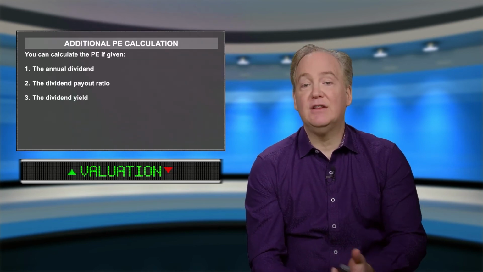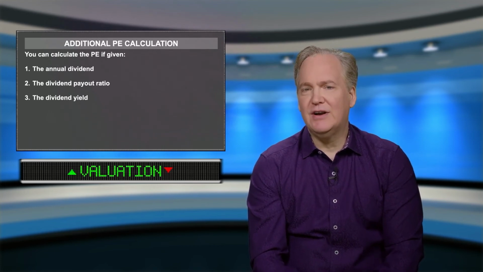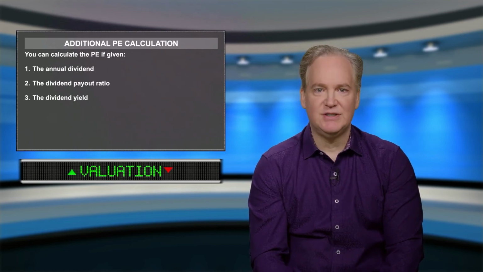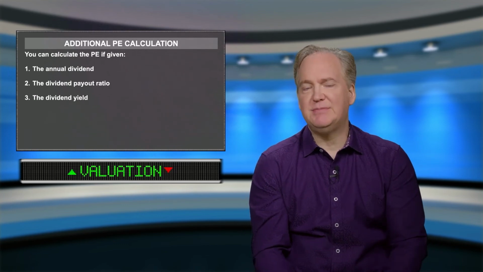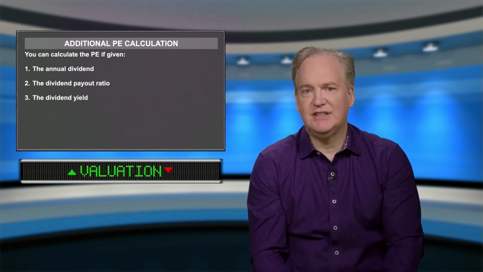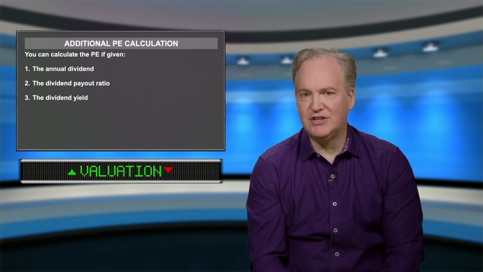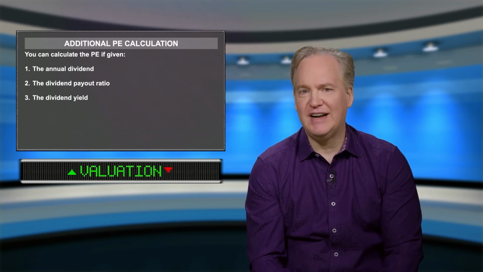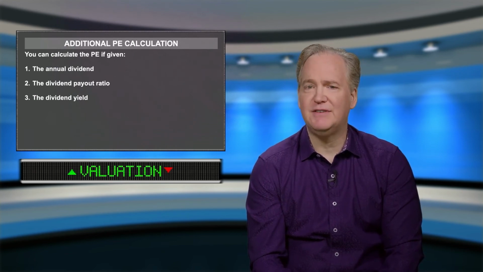All right, let's take a look at additional ways to calculate the PE. What I want to point out here is that the math on this test is relatively simple. It's all addition, subtraction, multiplication, and division. Everybody has been doing these types of calculations since high school. Understanding how to use the information that is presented to arrive at the correct answer is what sometimes gives test takers a bit of a challenge.